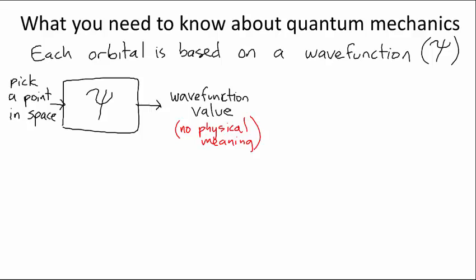So then you're really annoyed because you're like, all right, well, why would I bother inputting something into the function and then getting out some number that has no physical meaning?